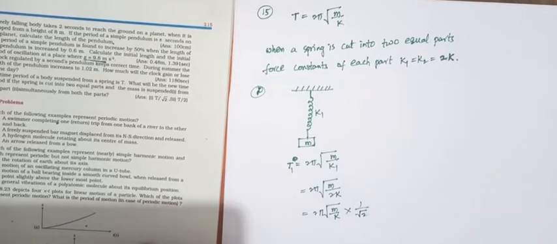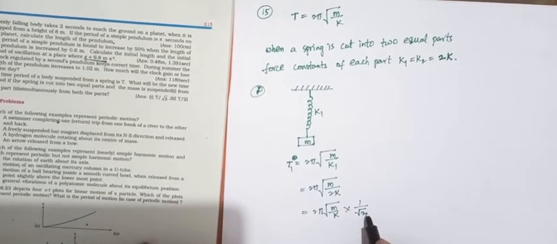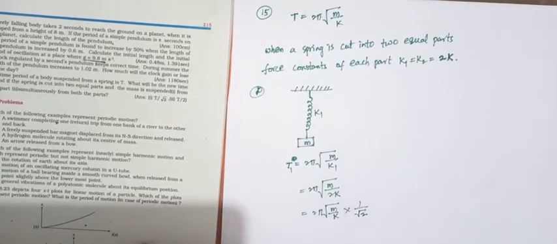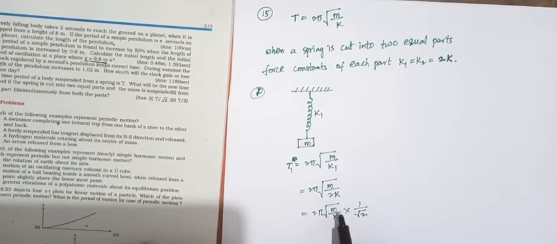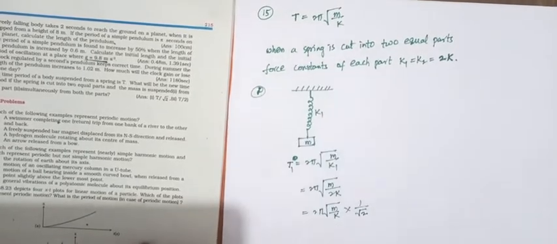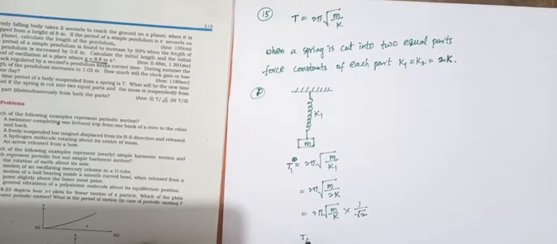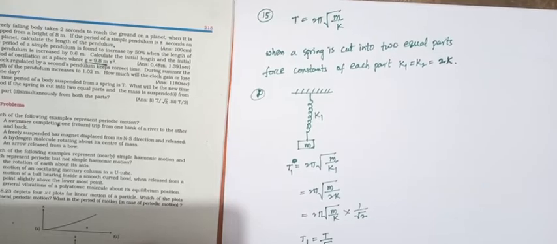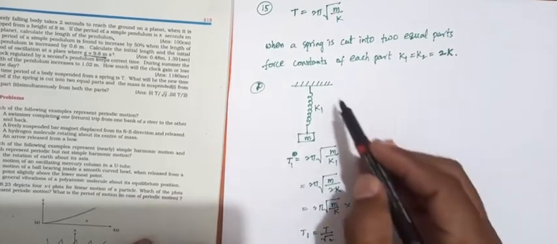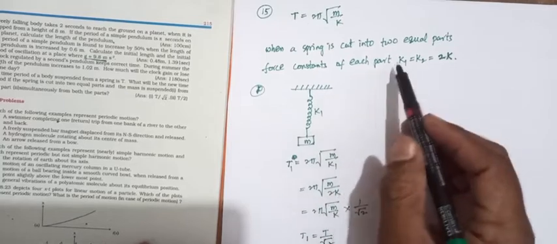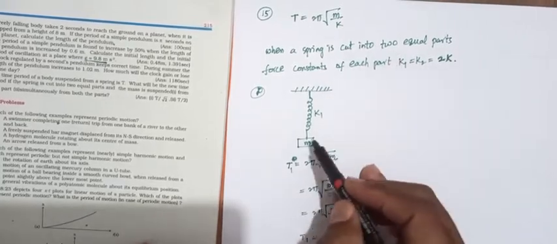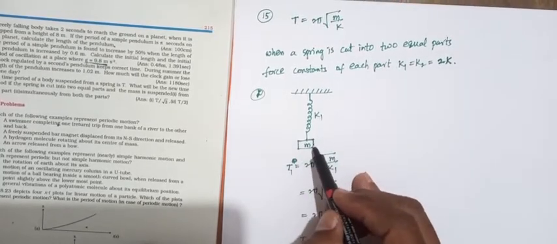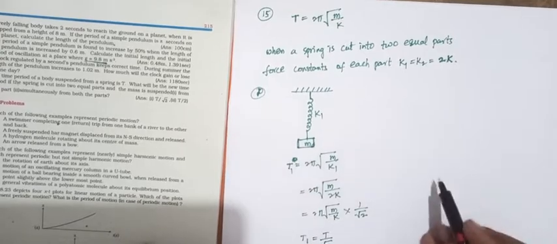There is no change in the value, it is just separated as 1 by root 2. So 2 pi into square root of m by k equals T. Then t1 equals capital T by root 2. This is when only one part of the spring is connected and the mass is suspended.